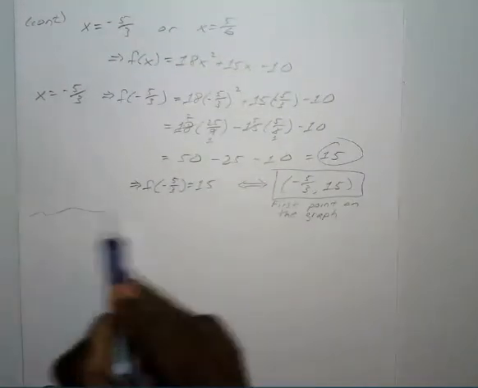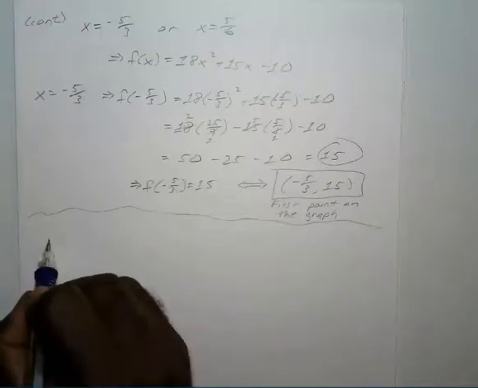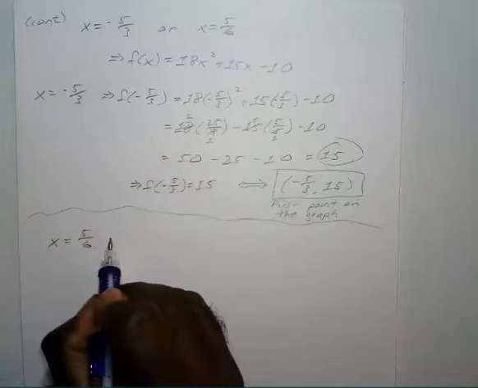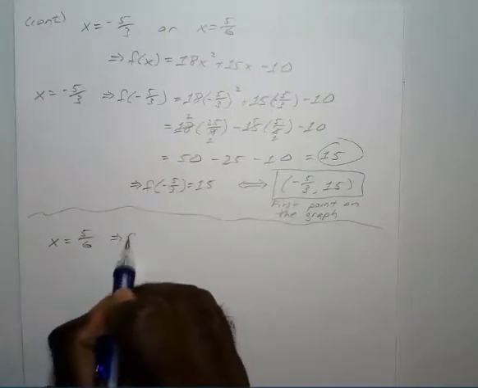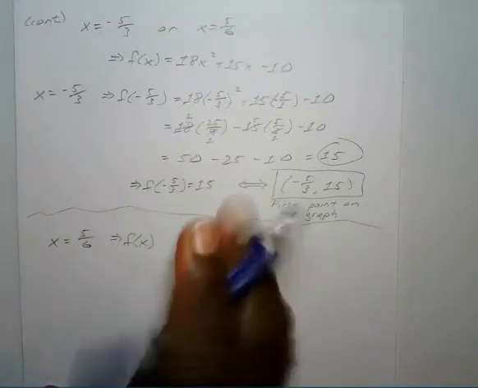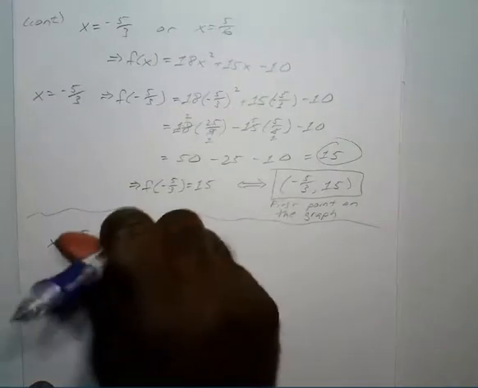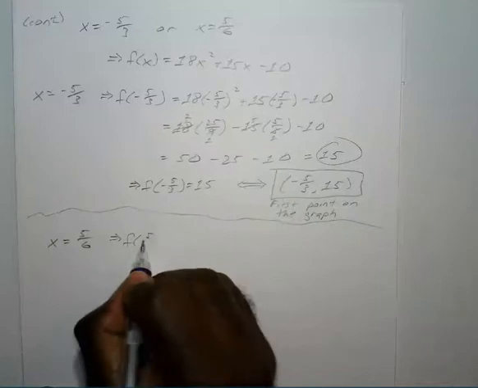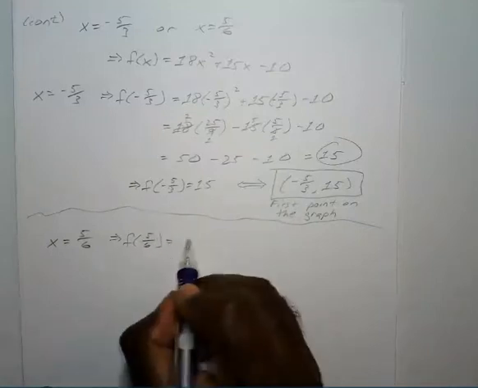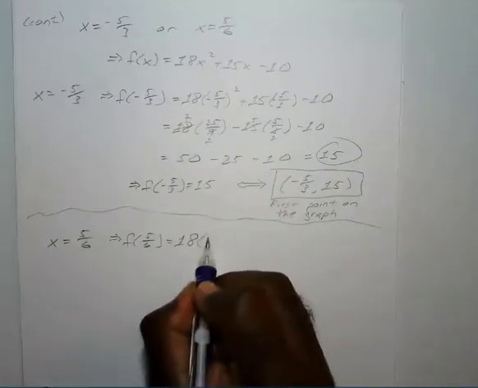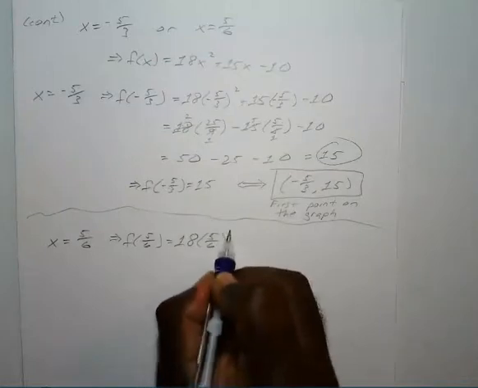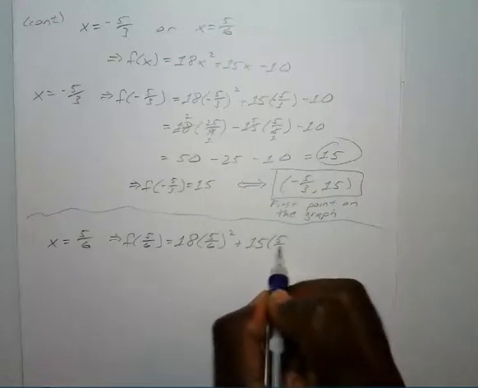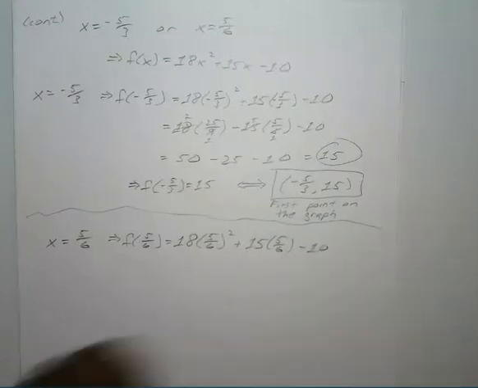So we go ahead and separate that. So again, we have x equals 5 over 6. So that gives us f of x. Sorry about that, f of 5 over 6. F of 5 over 6 equals 18 times 5 over 6 squared plus 15 times 5 over 6 minus 10.